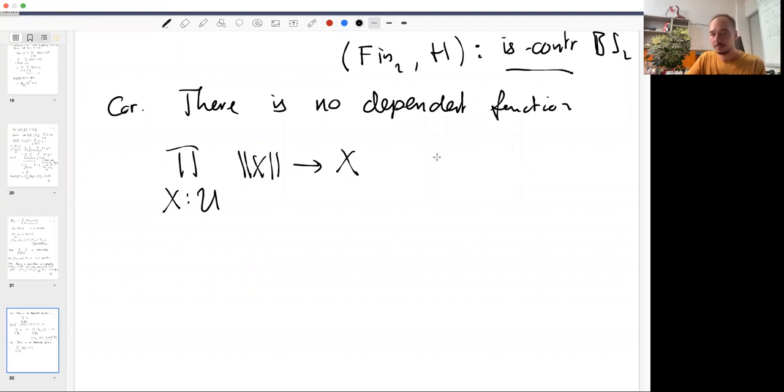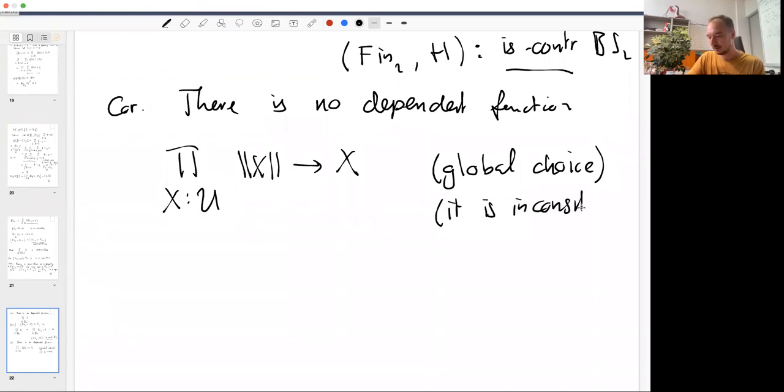So this principle, if it holds, is called global choice, and also it is inconsistent with univalence.